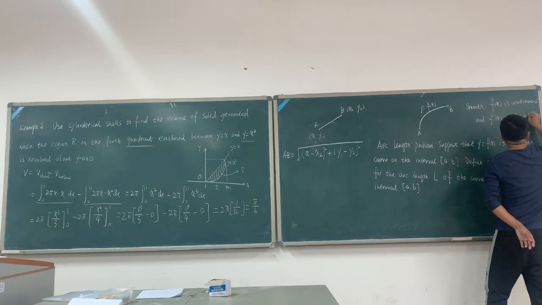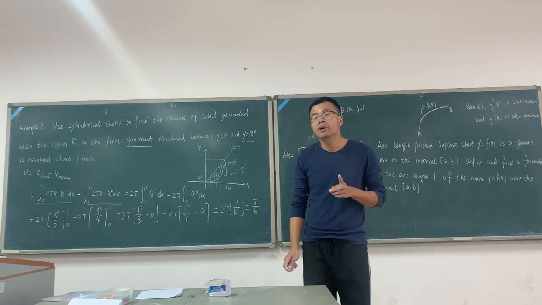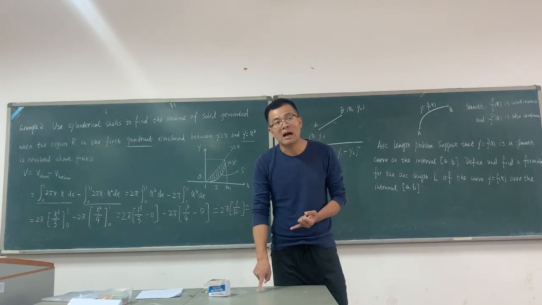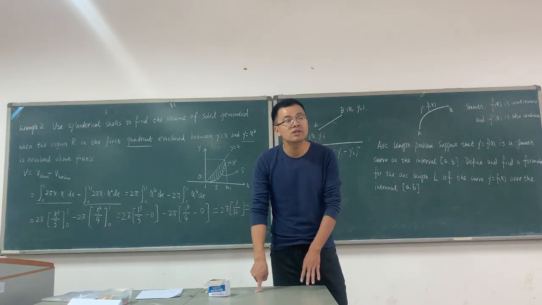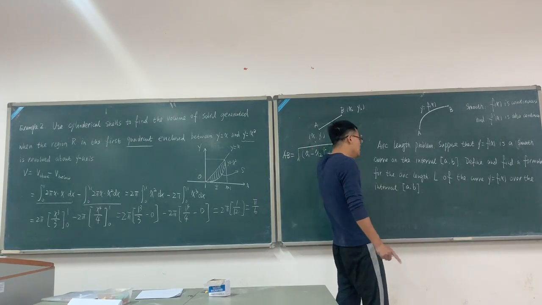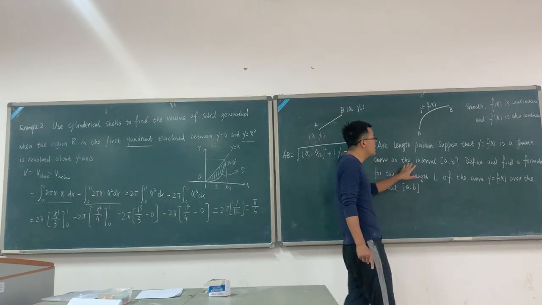Smooth means f and f prime are continuous. So here we give a smooth function on the interval AB.